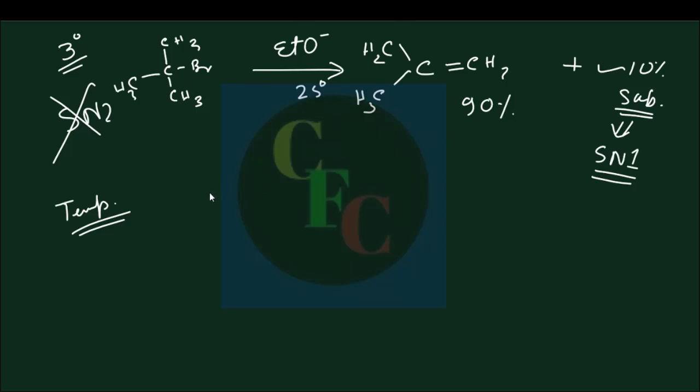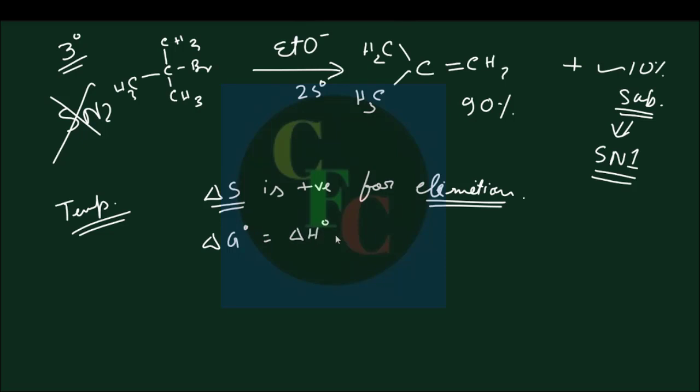For elimination reactions, the number of products is greater than the number of reactants, because something is being eliminated. As such, the change in entropy is positive for elimination reactions. From the Gibbs free energy equation, we know that delta G is delta H minus T delta S0.